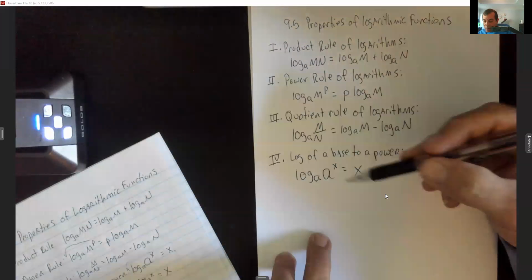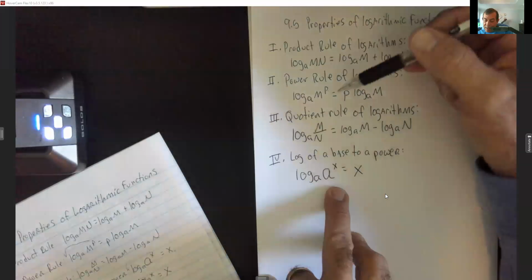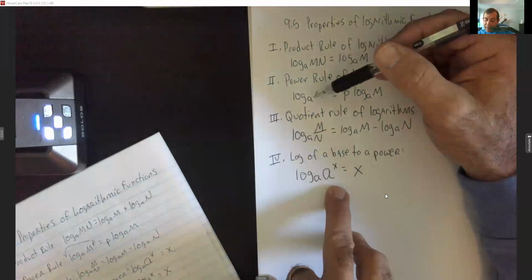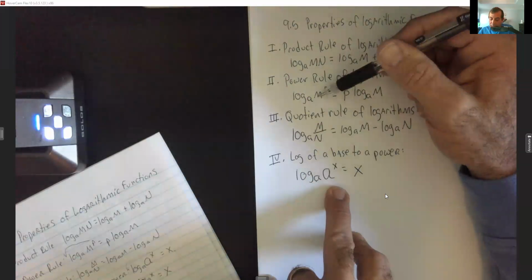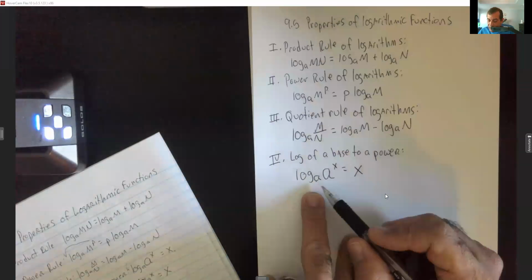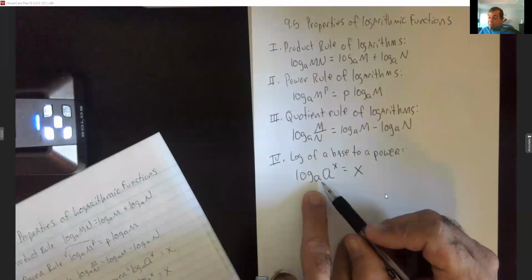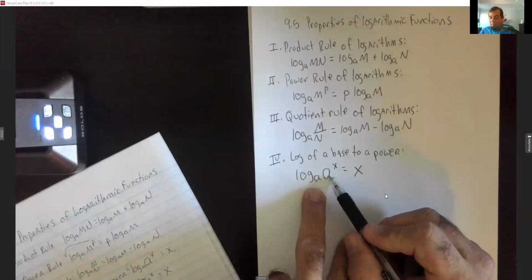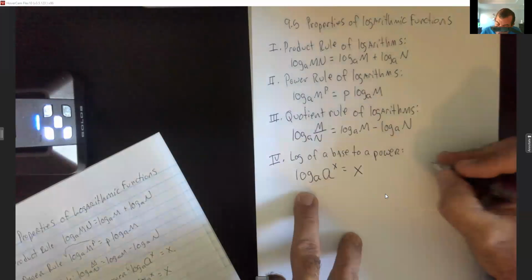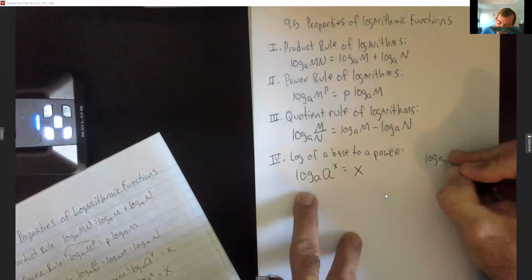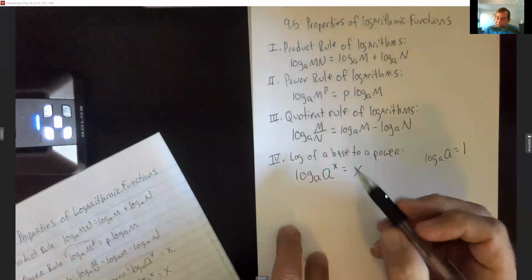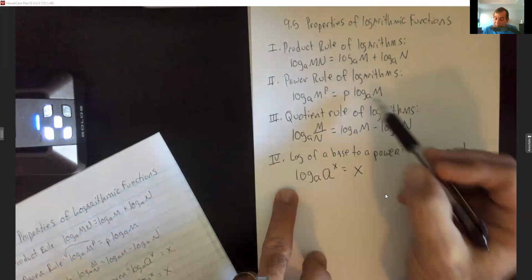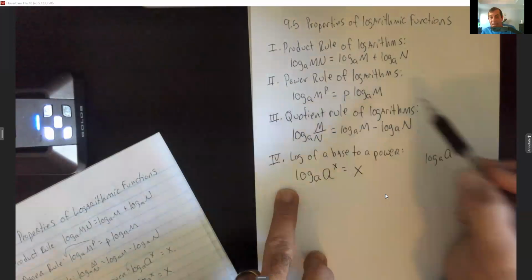So this one follows number 2, except for number 2, the base and the base of the result don't match. On number 4, the base of the log matches the base of the result, and anytime that happens, remember, log A of A equals 1. So when you bring that X down to multiply, you're basically multiplying the X times 1, which is why we get an X on that one.